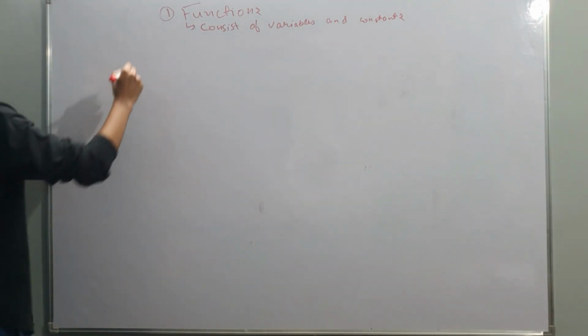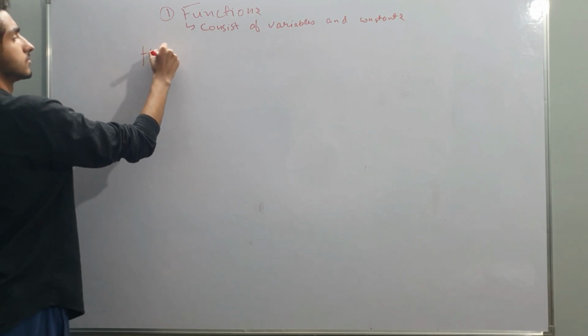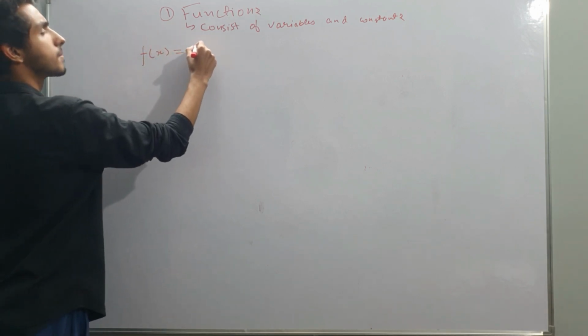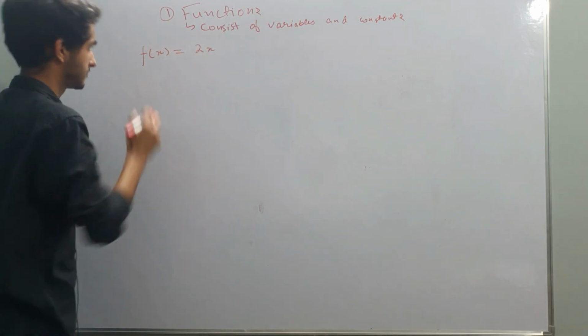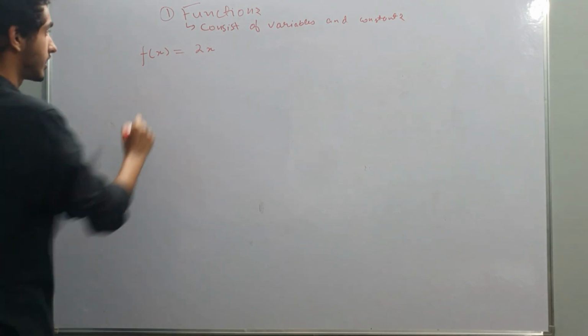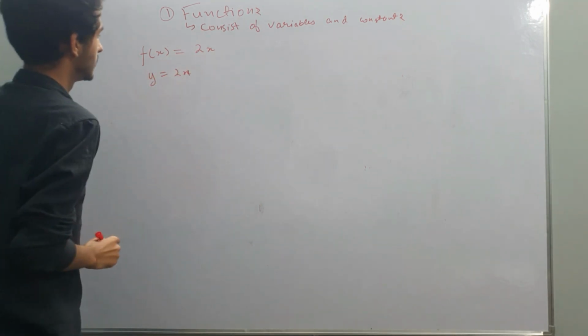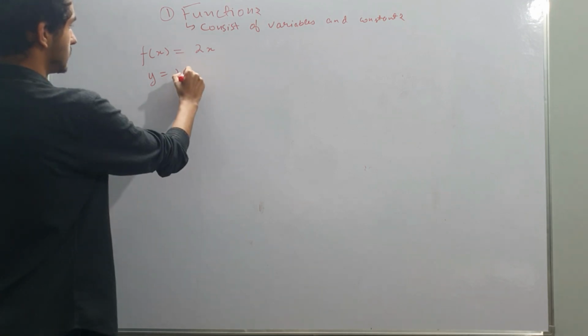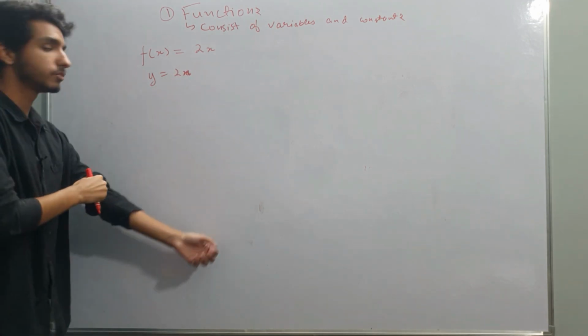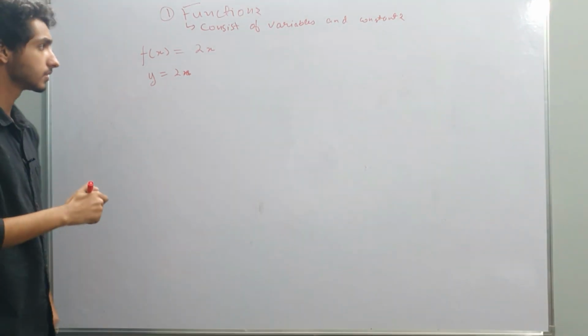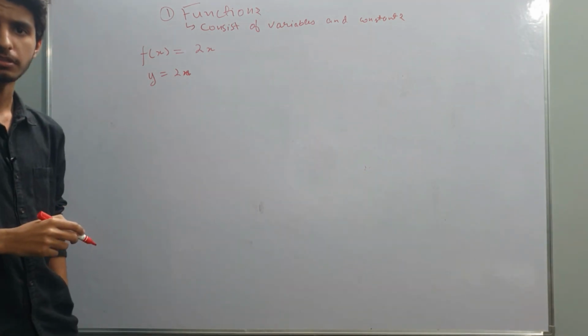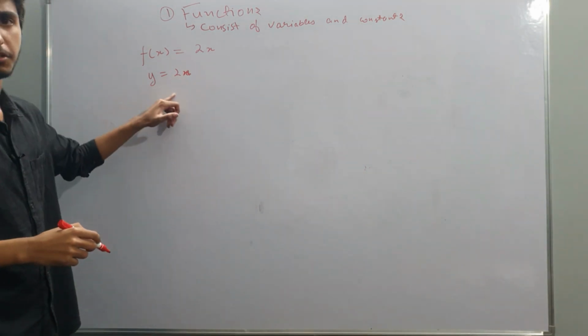So let me just give you a function 2x. Means we can also write as y is equal to 2x. So if you actually look careful at the equation, we can manipulate the equation and we can make x as a function of y.